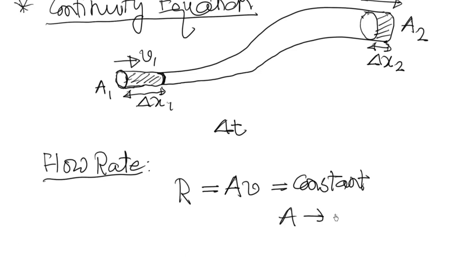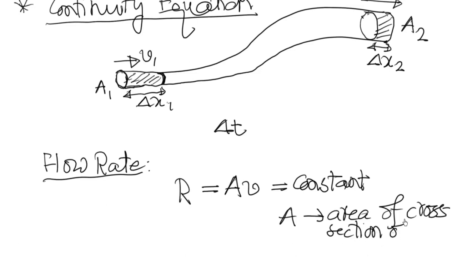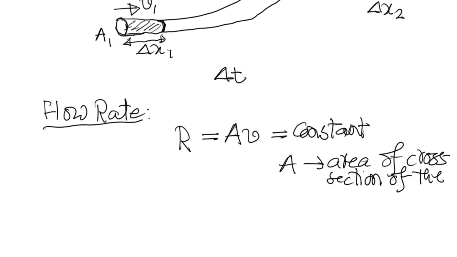A is the area of cross section of the pipe through which the fluid is flowing, and V is the speed of the fluid flow.